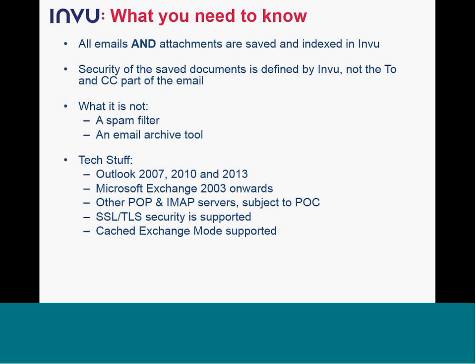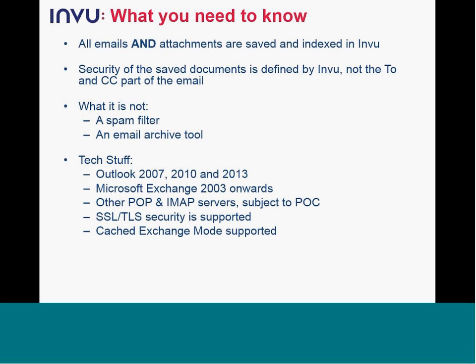So just a few points on things that you need to know. As I mentioned earlier, all emails and their attachments are saved in Invu and indexed in Invu, completely searchable via the metadata and content. The security of the saved documents is defined by Invu, not by the To or the CC part of the email.